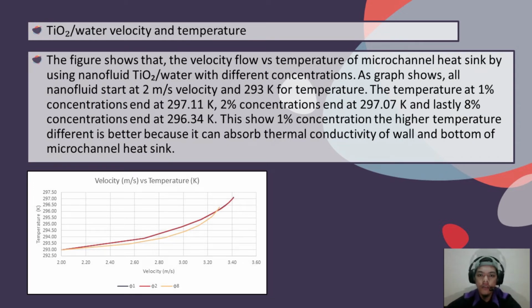The figure shows the velocity flow versus temperature of the microchannel heat sink using nanofluid titanium water with different concentrations. As the graph shows, all nanofluids start at 2 meter per second velocity and 293 Kelvin for the temperature.